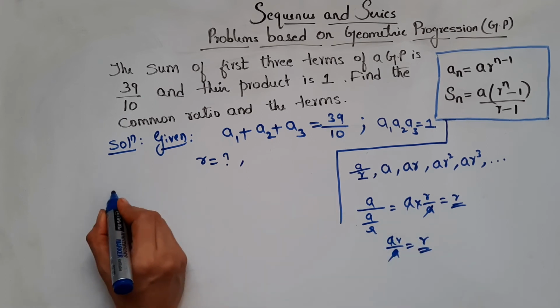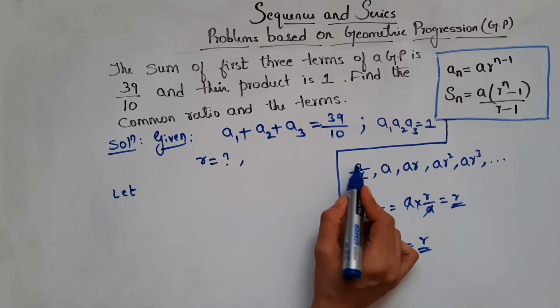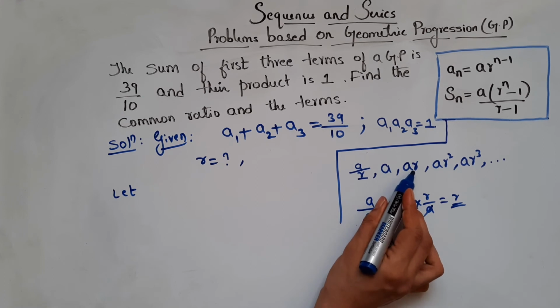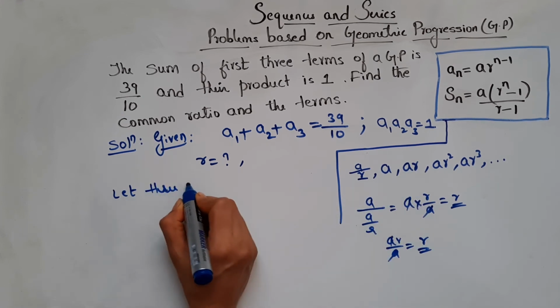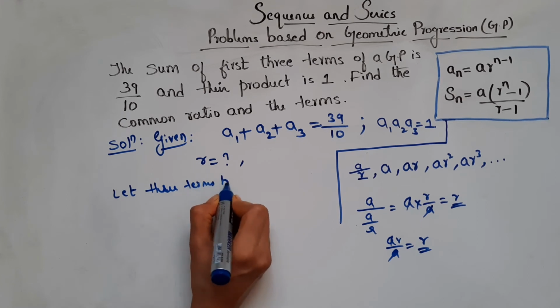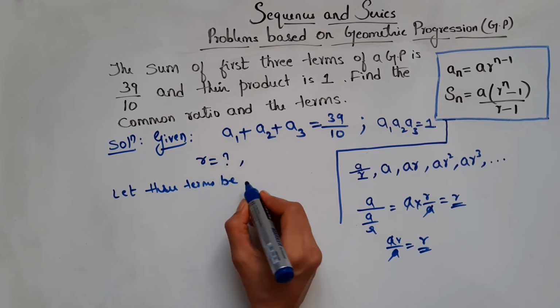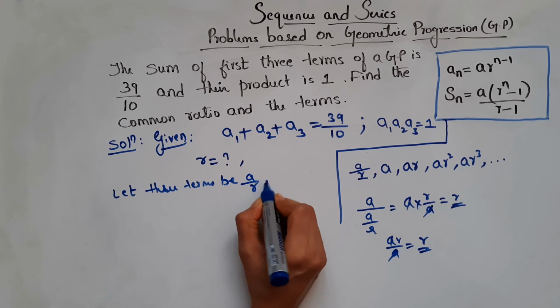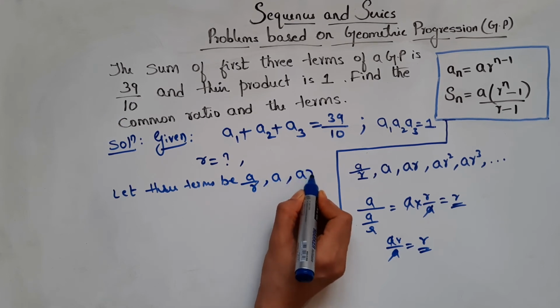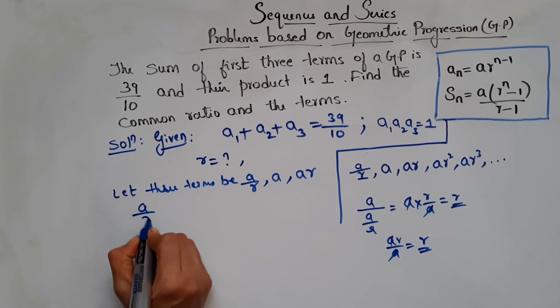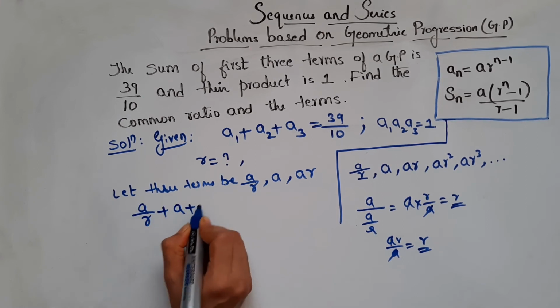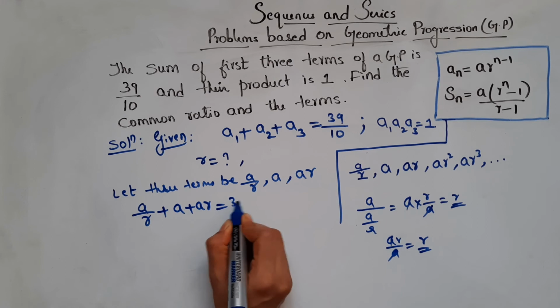So let's take those three terms, A1, A2, A3, as A by R, A and AR. Now let's see, A by R plus A plus AR is 39 by 10.